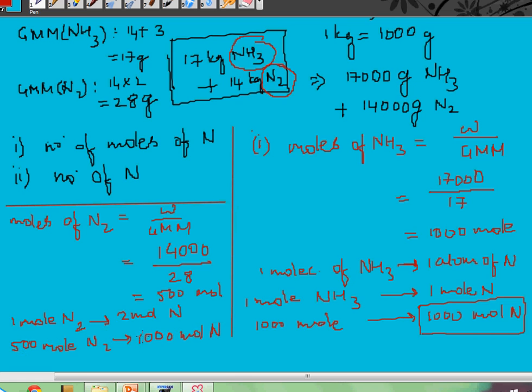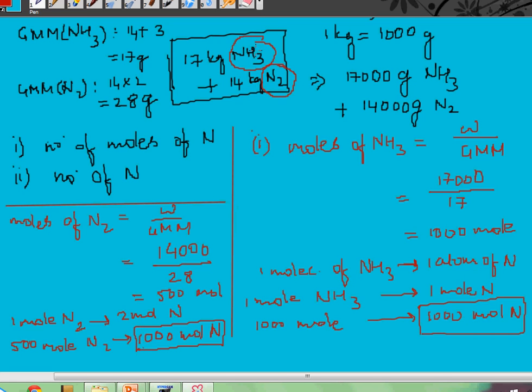Or you can use the unitary method: 500 moles of N2 has X moles of N, and cross multiplying, X into 1 is equal to 500 into 2, so X is 1000 mole of nitrogen. So you have 1000 mole of nitrogen atoms from N2, and 1000 mole of nitrogen atoms from ammonia.